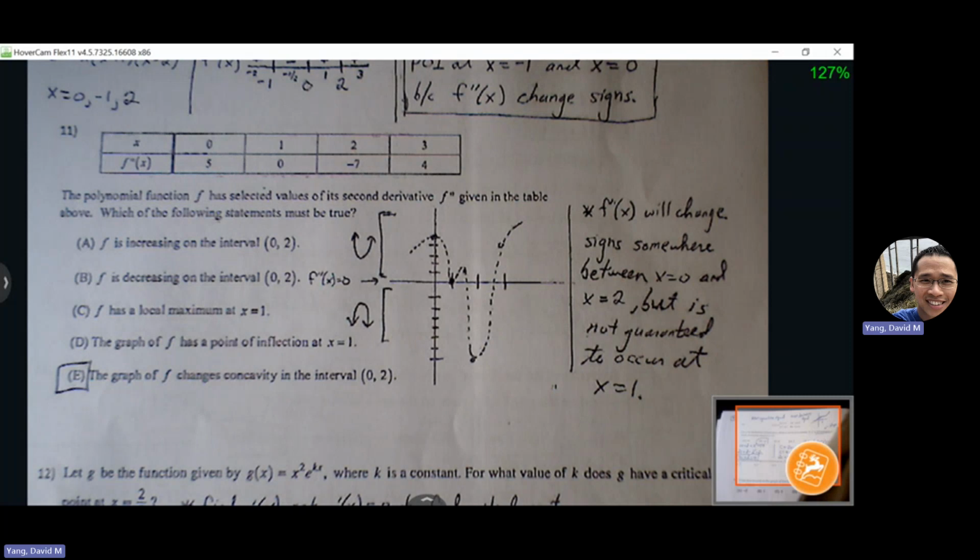Normally we would say chances are this is the point of inflection, but because there's not enough data here, we don't know what's happening between 0 and 1 and 1 and 2. This is what the graph could look like. But we do know that there must be a change in sign somewhere between 0 and 2 because we're going from 5 to -7. So there's got to be a change. We just can't guarantee it's going to be at 1, even though it kind of tricks you into thinking that it has to be at 1, but it doesn't. It can be anywhere between 0 and 2.